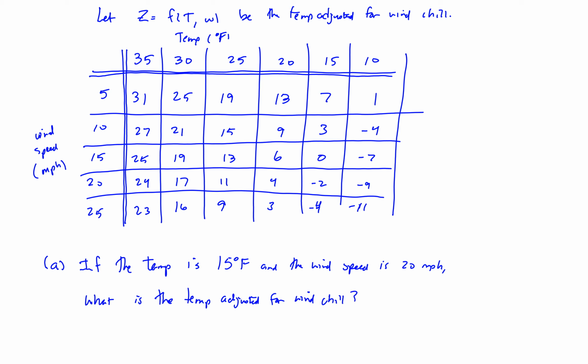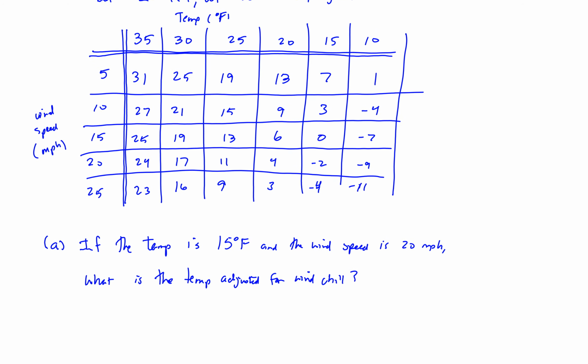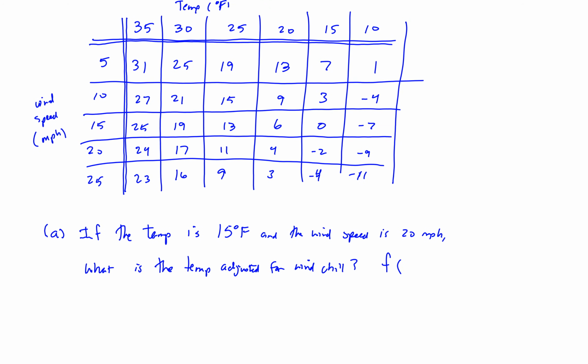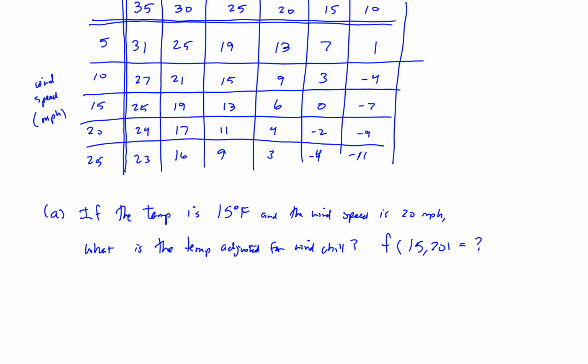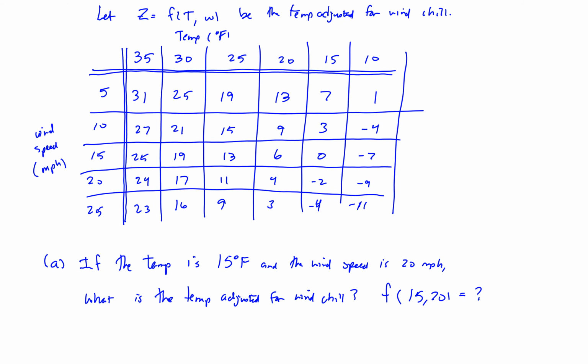Okay, so let's suppose our ambient temperature is 15 degrees and our wind speed is 20 miles per hour. What is the temperature adjusted for wind chill? So this is asking what is F of T, W, so the temperature goes in and then the wind goes in. So we're asking for what is this? So to do this, we're going to go to the temperature part here, and we want the temperature to be 15 degrees, and we want the wind speed to be 20.